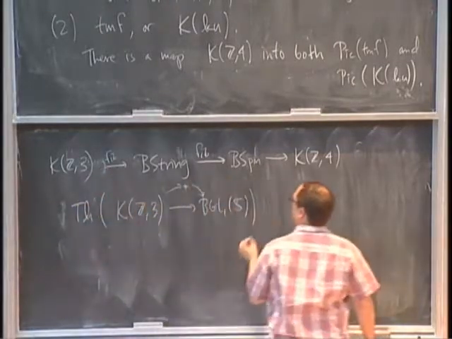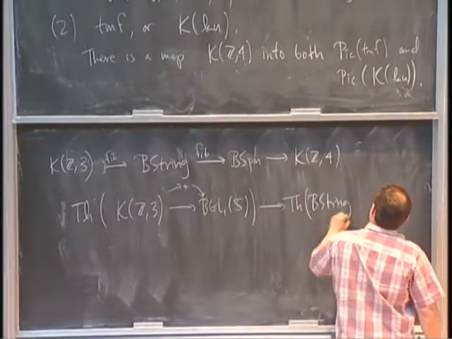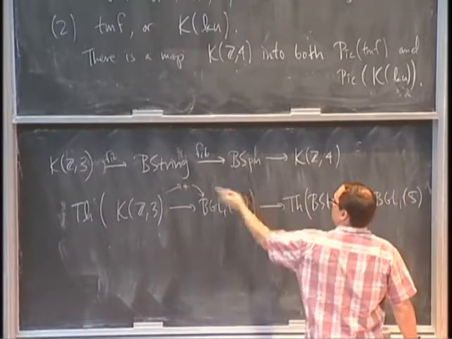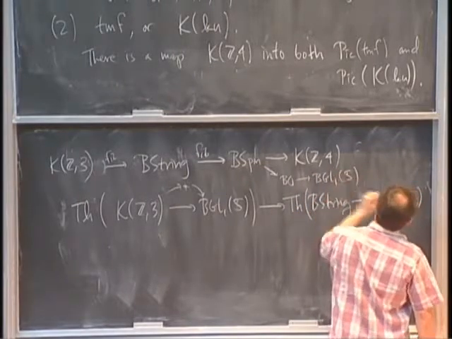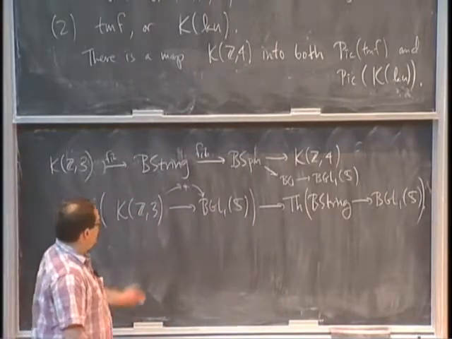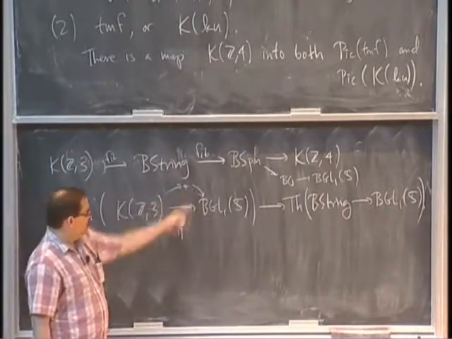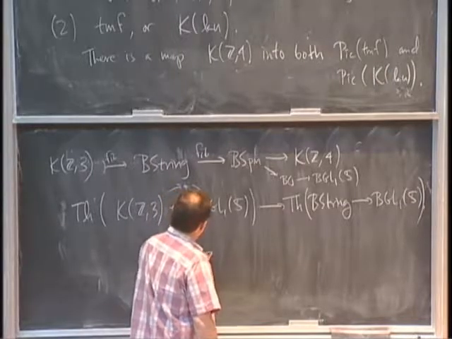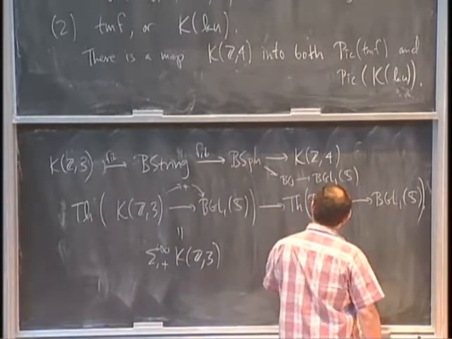And B string maps into BGL1 of the sphere, just because B string maps to B spin, which maps to BO, which maps to BGL1 of S. Because the map classifying this Thom spectrum is null, this Thom spectrum is just the suspension spectrum of KZ3, which is an E-infinity ring spectrum. This Thom spectrum is M string.